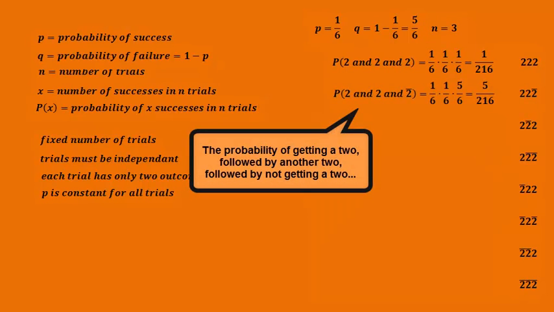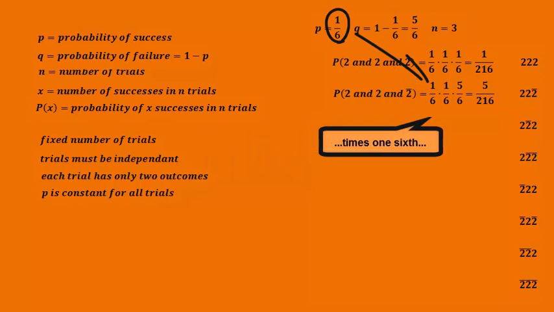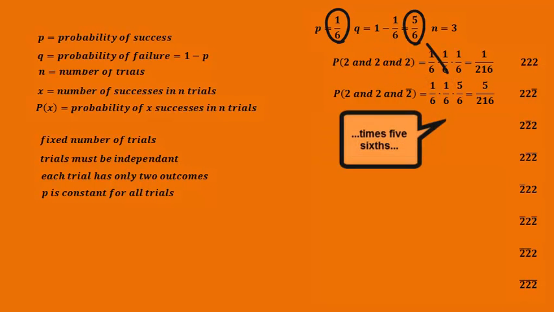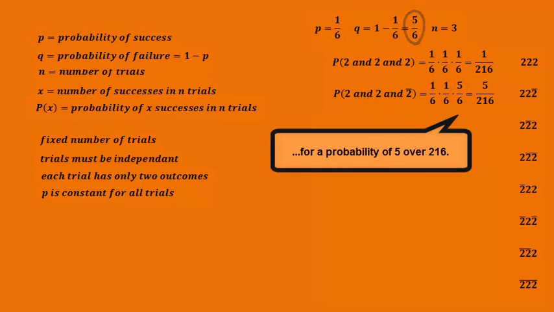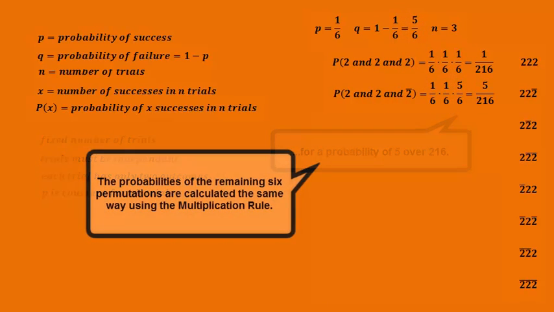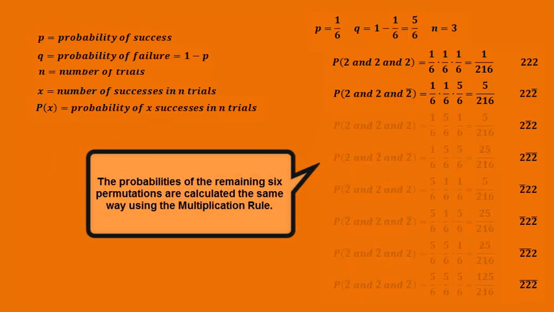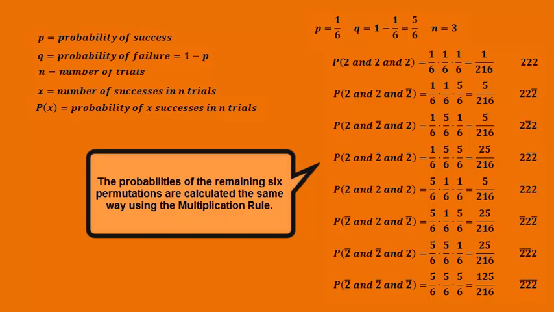The probability of getting a 2, followed by another 2, followed by not getting a 2, is 1/6 times 1/6 times 5/6, for a probability of 5/216. The probabilities of the remaining 6 permutations are calculated the same way, using the multiplication rule.